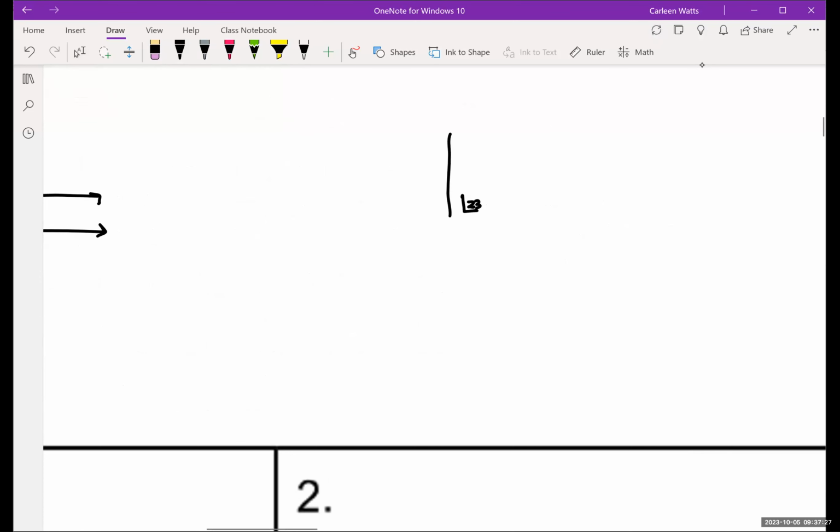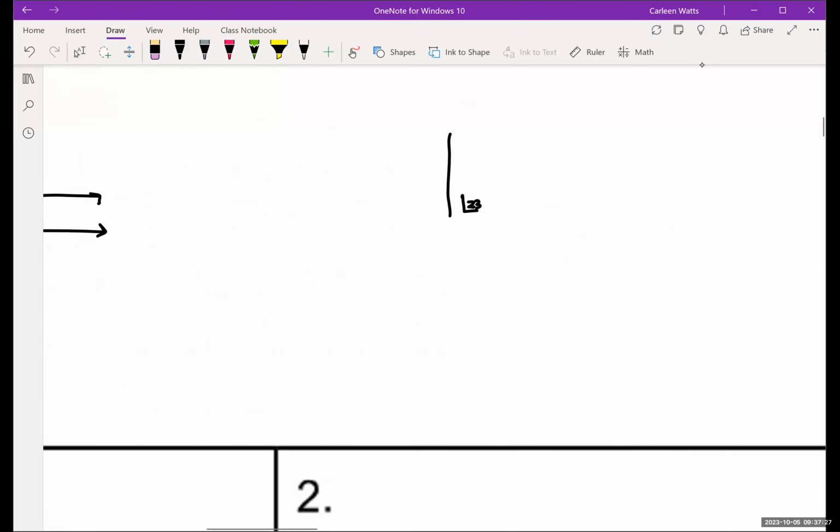Angle 1 corresponds, now this is your first one, to angle... See how angle 1 is sitting on line L. I want another angle that's in the same spot on line K. So let's look at angle 1.